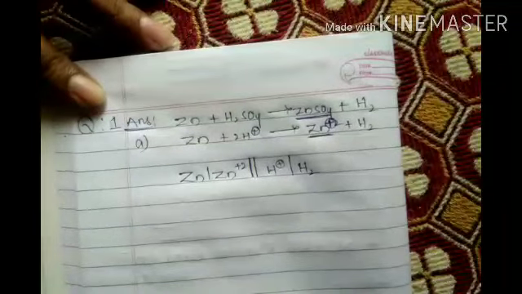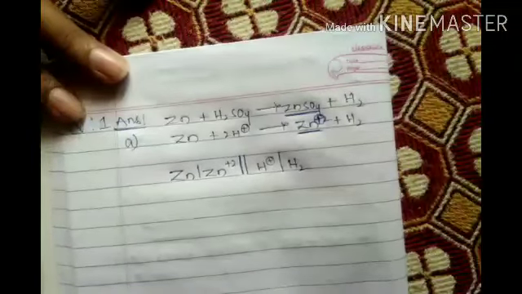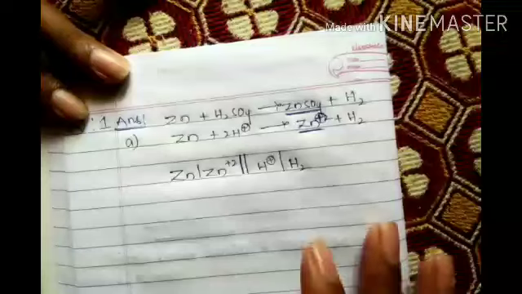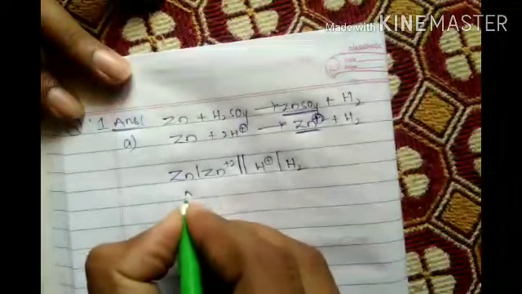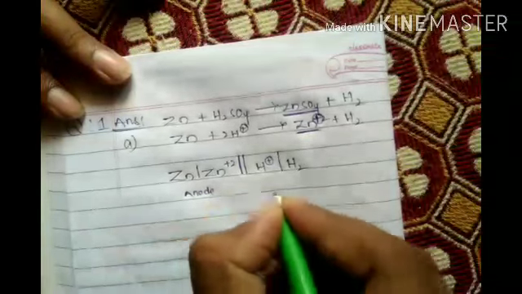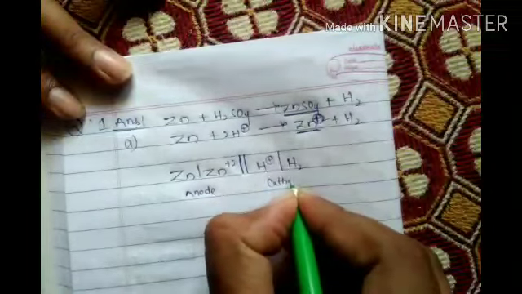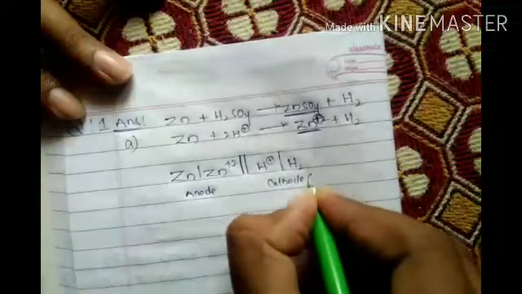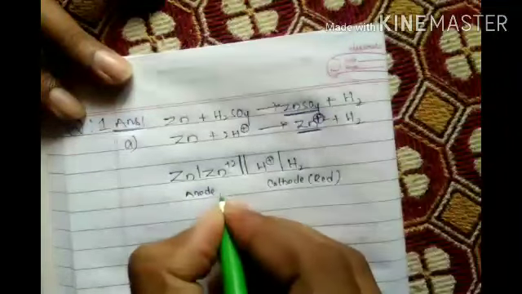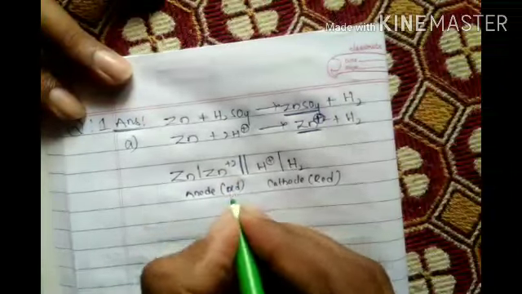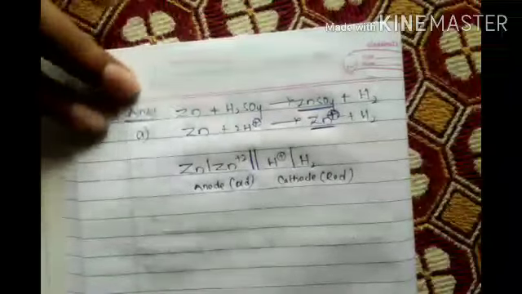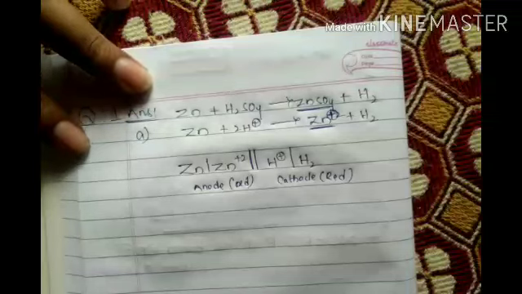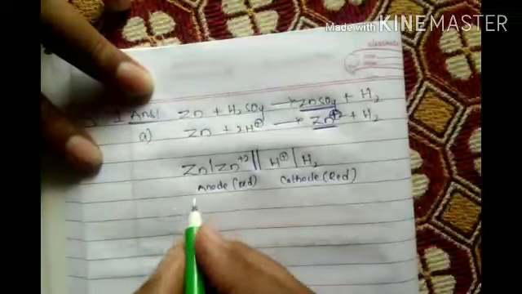This is the cell representation. Now what is going on here? Anode, cathode; here reduction, here oxidation. This you know. For every reaction we have to write the cell like this first of all. If we write like this, we can easily calculate it.